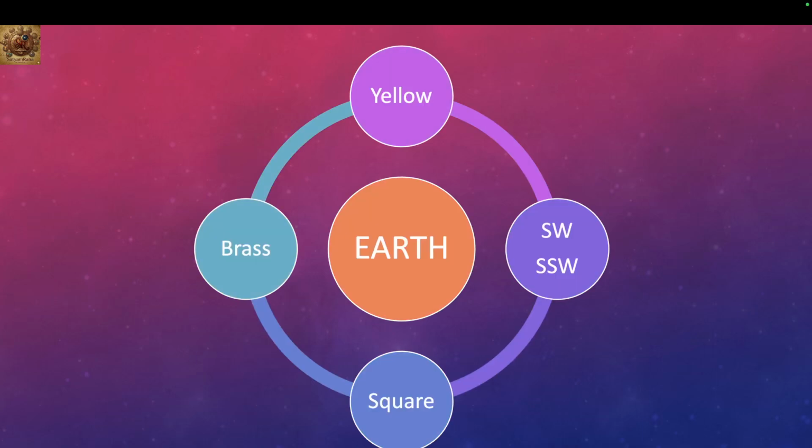Similarly, the earth element is yellow in color. Anything yellow is represented by the earth element. Then we have the southwest and south of southwest directions ruled by the earth element. Any squarish object is represented by the earth element, and the metal of the earth element is brass.